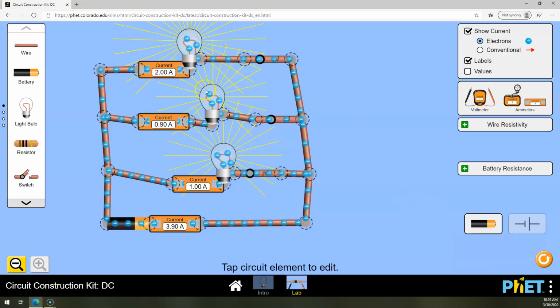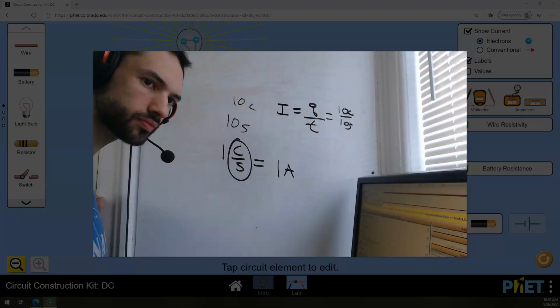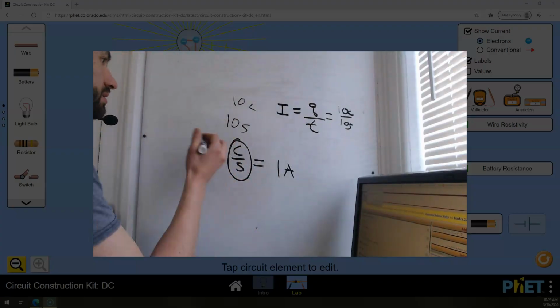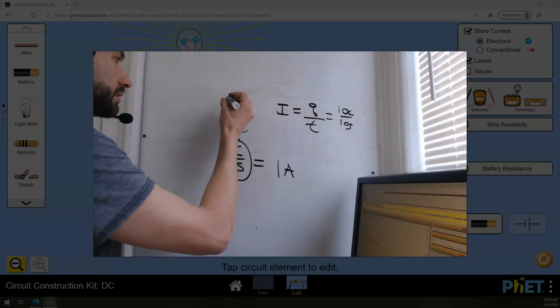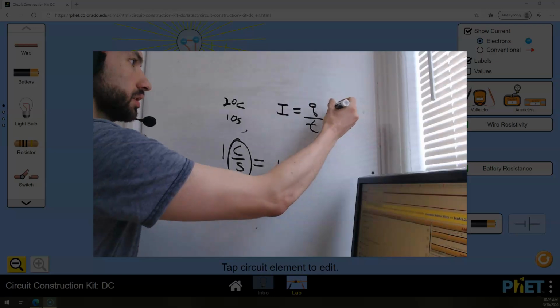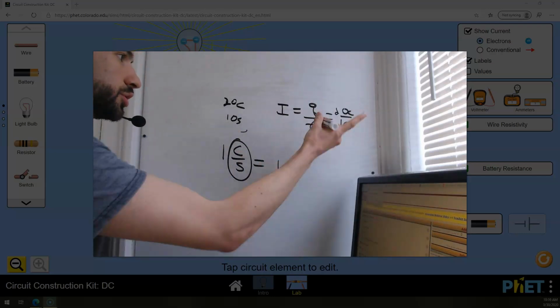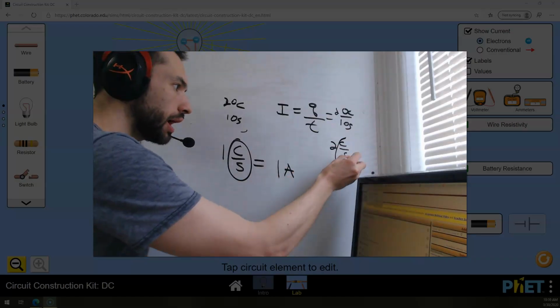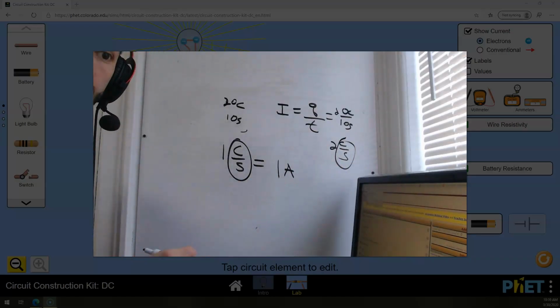It turns out for that resistor, in that 10 seconds, 20 coulombs went by. So that resistor ended up with 2 amps because there were 2 coulombs per second, and a coulomb per second is an amp. So how much charge goes by every second is an amp.